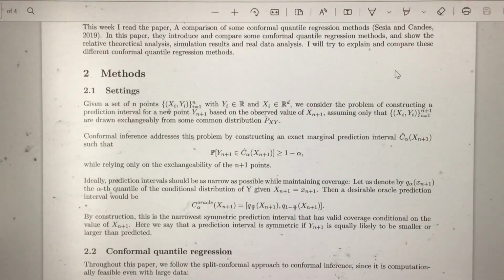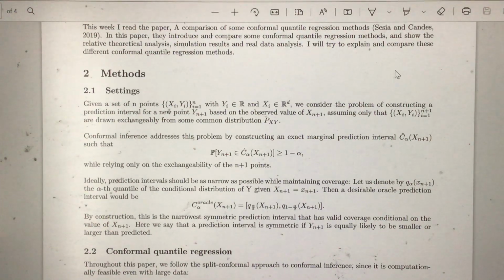Before we talk about the methods, we will talk about the settings first. Given n points (xi, yi), i from 1 to n, we consider the problem of constructing a prediction interval for a new point yn+1 based on the observed value of xn+1, assuming only that (xi, yi), i from 1 to n+1, are drawn exchangeably from some common distribution pxy.